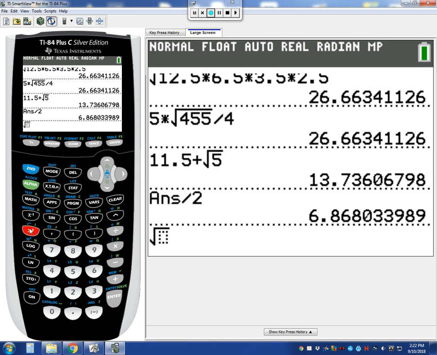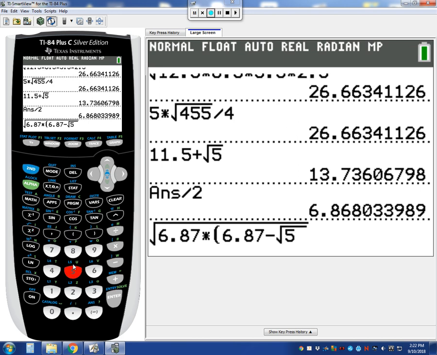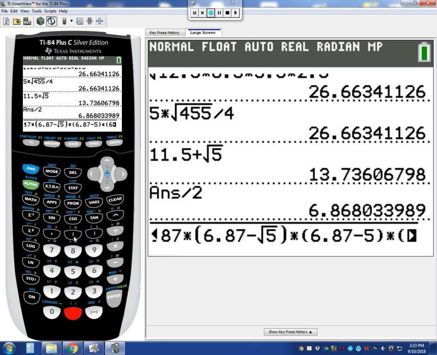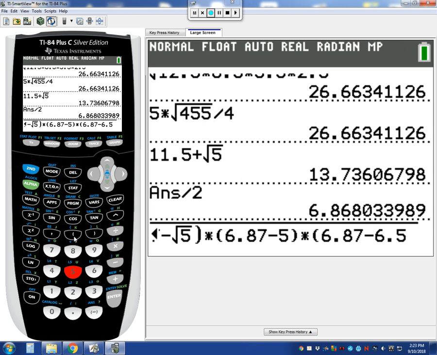So square root of 6.87 times, and then I'm going to use parentheses here, times the quantity 6.87 minus the square root of 5, and then I'm going to put an end parenthesis on that quantity, times quantity 6.87 minus 5, end parenthesis, times beginning parenthesis, 6.87 minus, what do we say, 6.5.